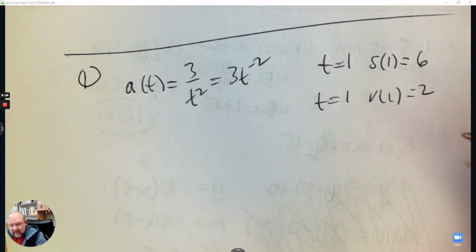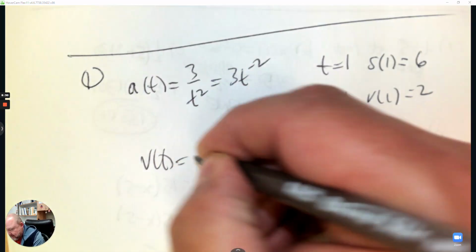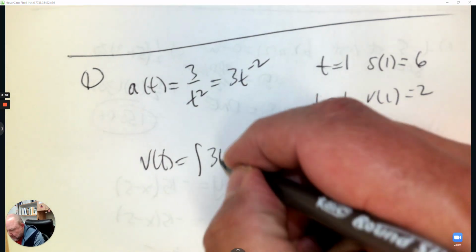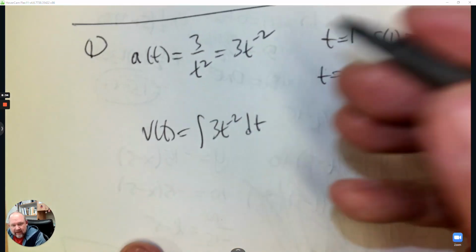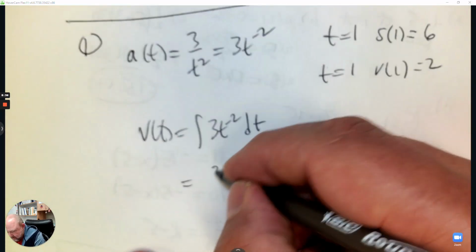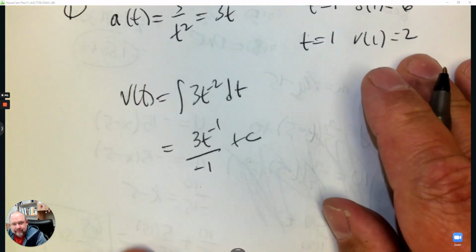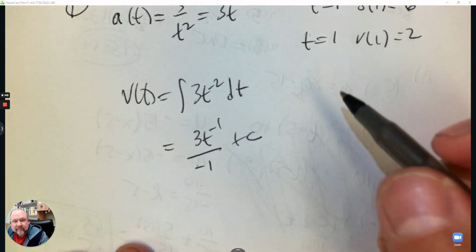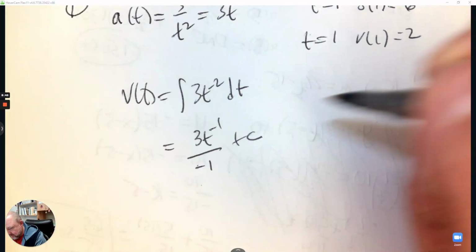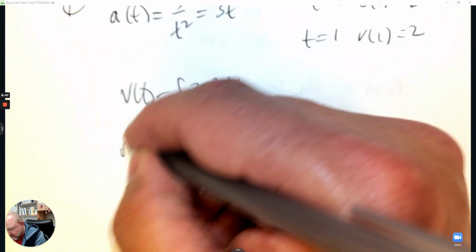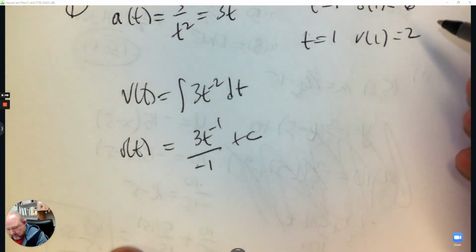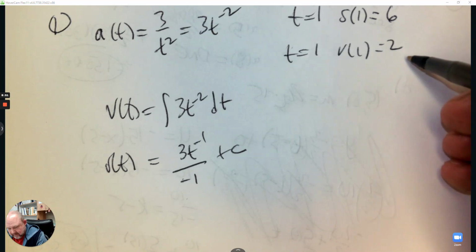So for the velocity, we are going to integrate this. That's why we wrote it friendly. We're going to add 1 to the exponent and divide, plus c. And then we're going to plug in. So there's the velocity. We're going to plug in 1 for t and make it equal to 2.